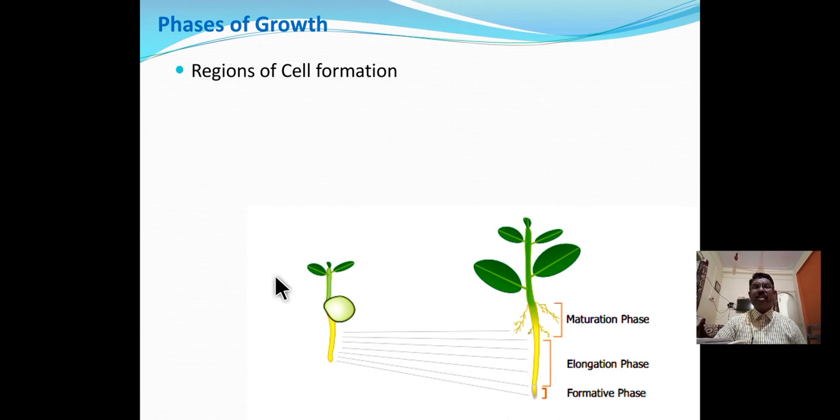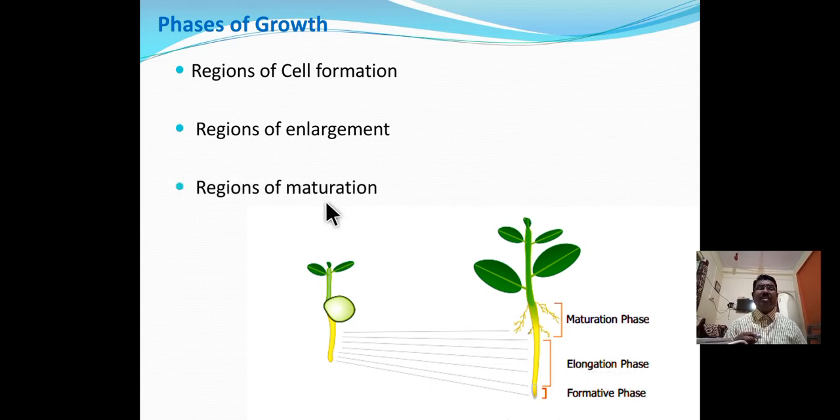There are three phases of growth: the region of cell formation, which you can visualize as the formation phase; the region of enlargement, the elongation phase; and the region of maturation, the maturation phase.